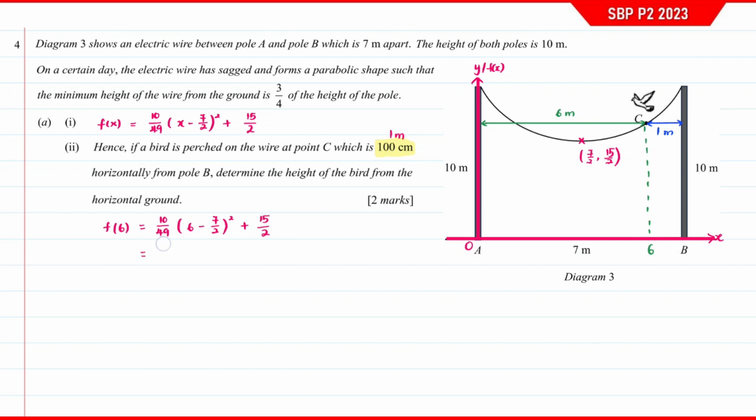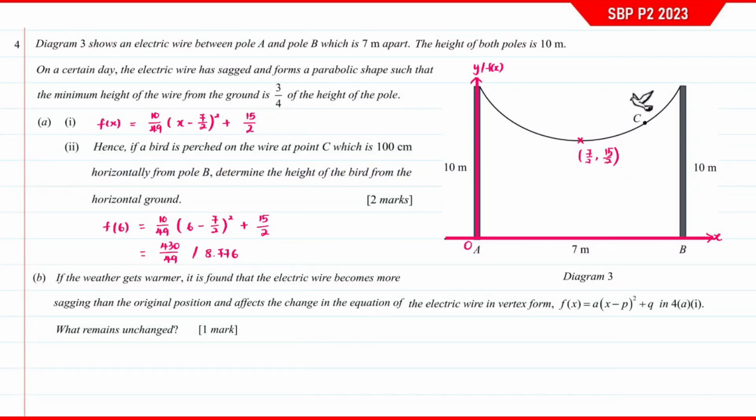So the answer here will be 430 over 49, which is also equal to 8.776.